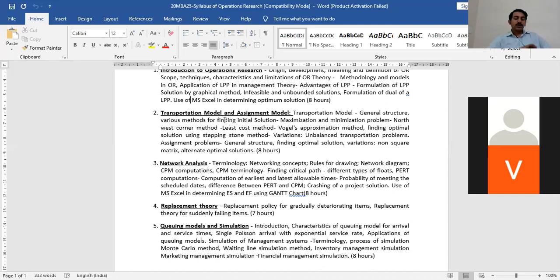Is it right? For example, let us assume that the products are already manufactured. Once the products are manufactured, they have to be transported to either the warehouse or to the retail outlet. Is it right?